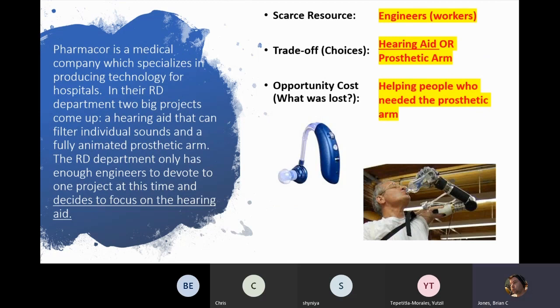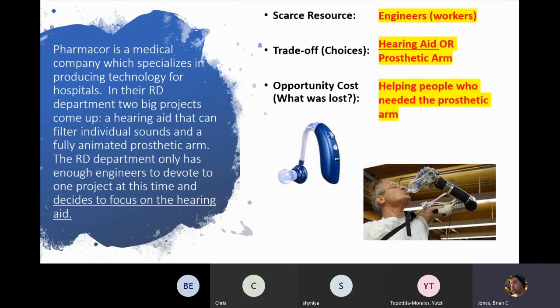PharmaCore is a medical company which specializes in producing technology for hospitals. In their R&D, which is research and development department, two big projects come up: a hearing aid that can filter individual sounds and a fully animated prosthetic arm. The R&D department only has enough engineers to devote to one project at this time and decides to focus on the hearing aid.